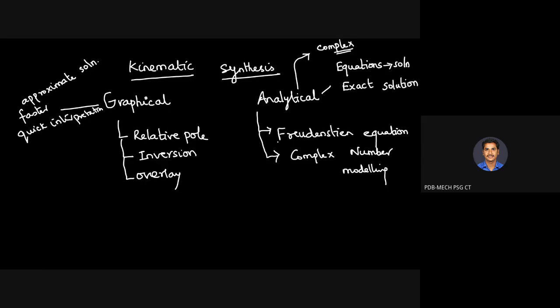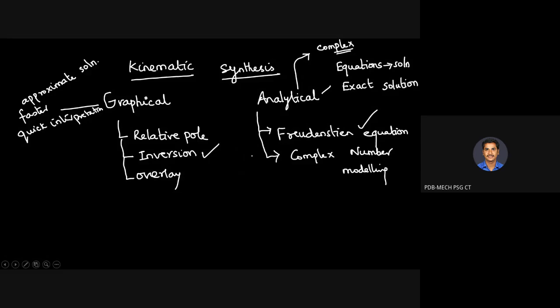So already in analytical approach we discussed about Freudenstein equation, and in graphical approach we are going to choose the inversion method. We are going to limit ourselves to learning about inversion because of the time constraint. A lot of methods are there, but due to insufficient time it is not possible to discuss all the methods. So we are going to discuss only the inversion method in graphical approach.